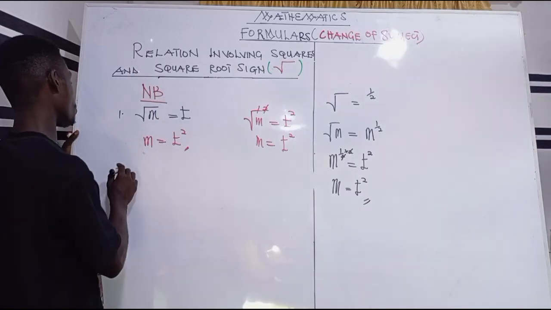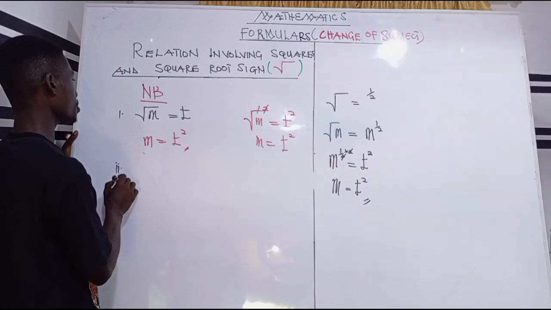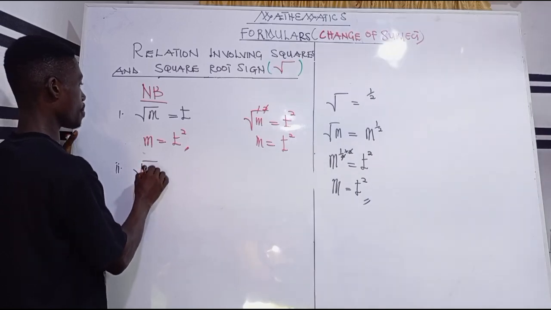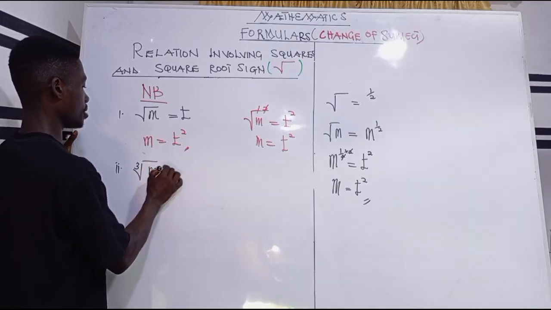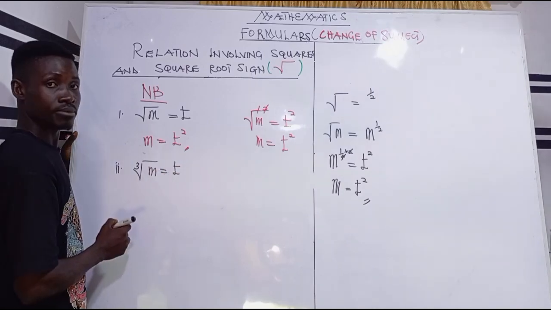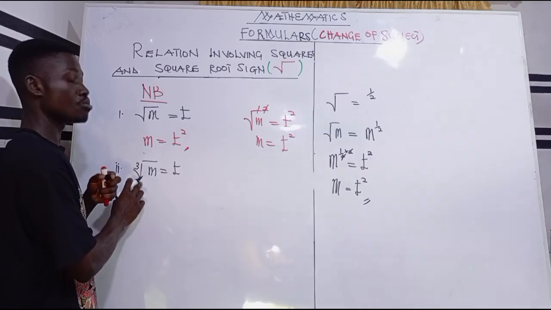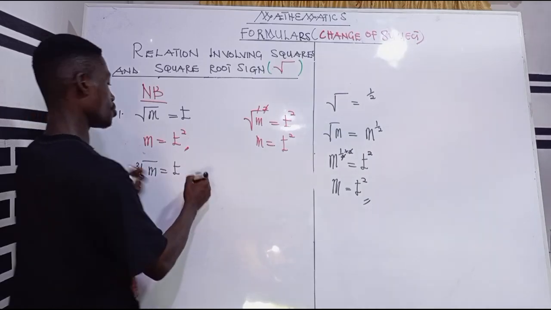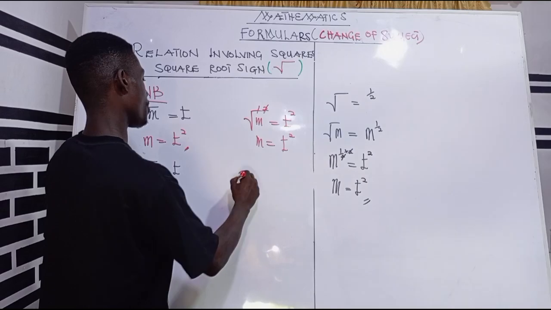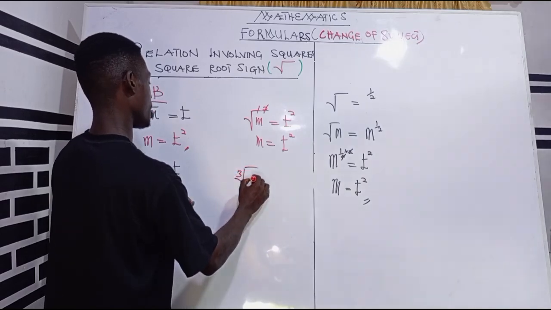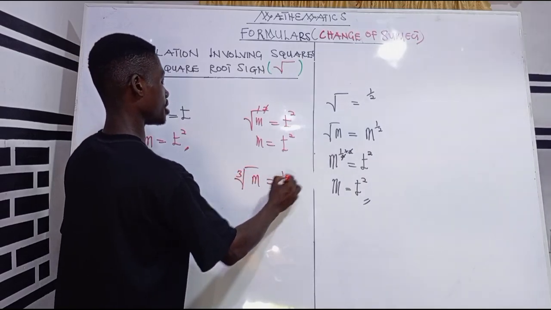This also applies to cube root of m is equal to t. So we want to make m the subject, but m is under the cube root sign. So we have cube root of m is equal to t.